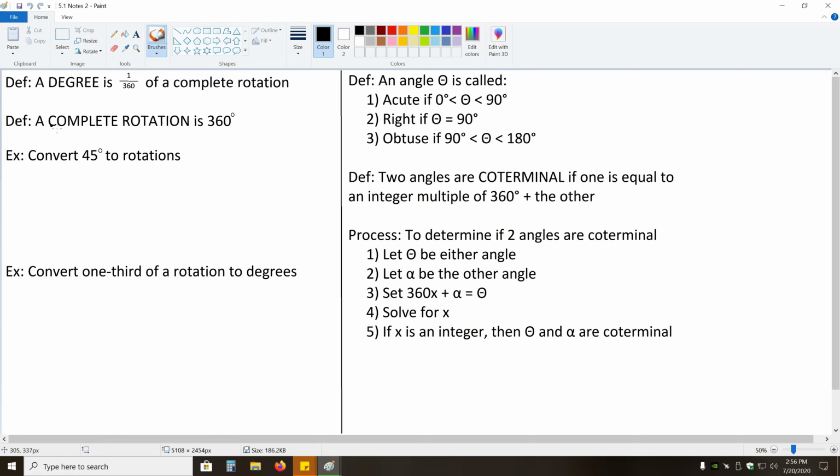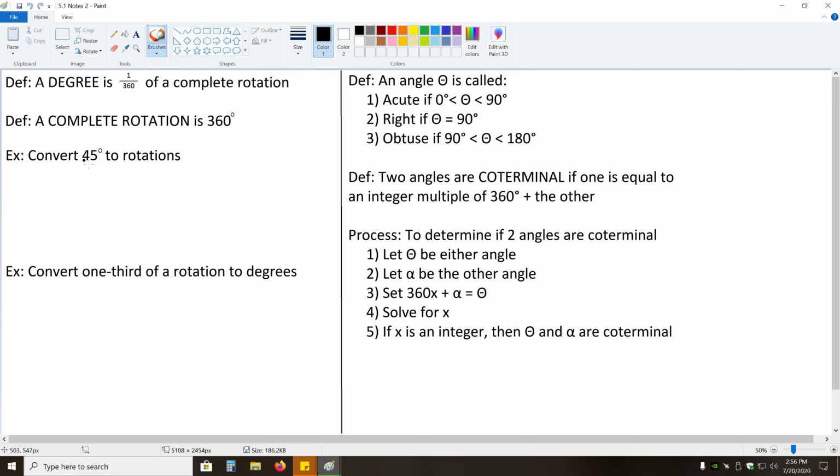And then the second definition: a complete rotation is 360 degrees. So it goes both ways. A degree represents 1/360th of a circle, and a complete rotation represents 360 degrees.